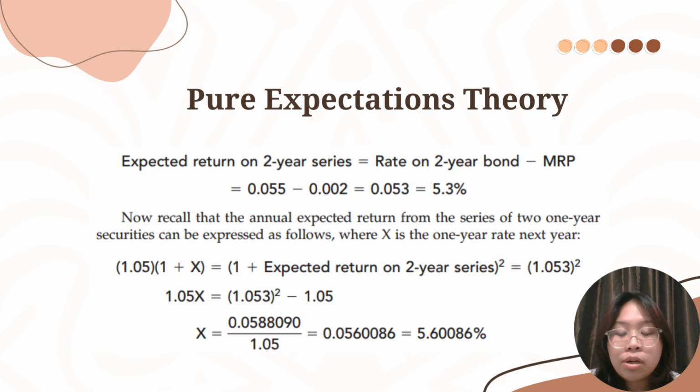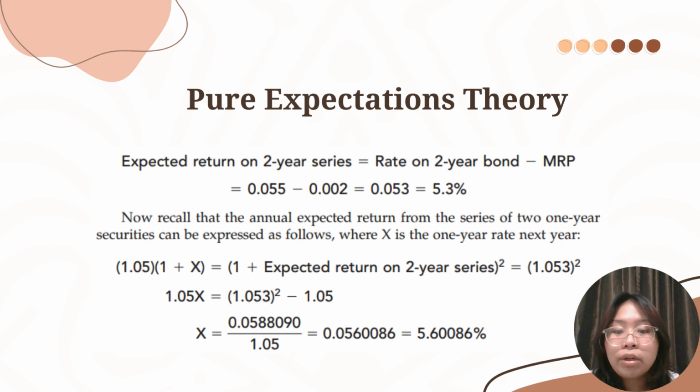To get that, 0.055, which we got earlier from 5.5%, minus 0.002, which, as it says here, is that a 2 year bond must be 0.2% higher than the expected return on a series of two 1 year bonds. The answer for that would be 0.053, or if you multiply it by 100, 5.3%.